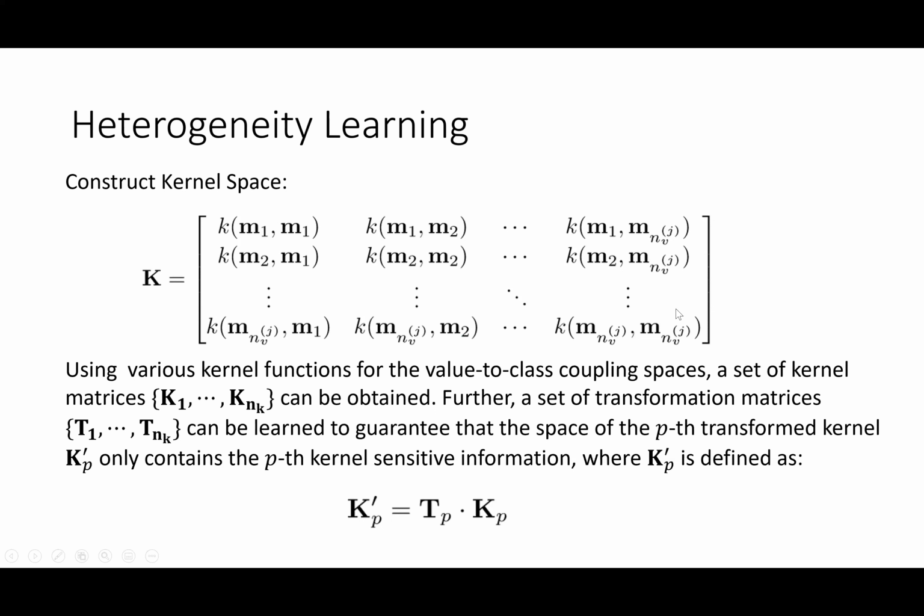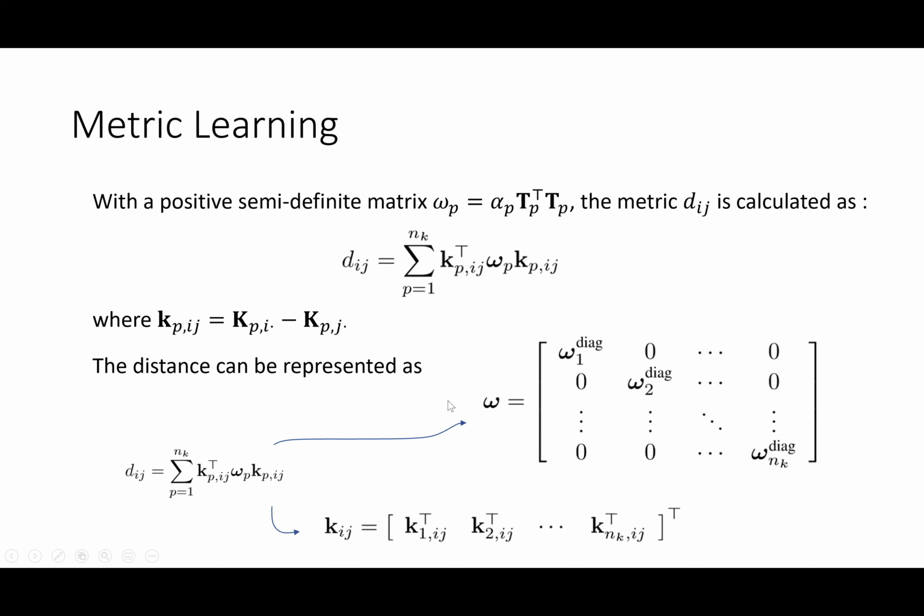So overall, because we have built the NVG relation matrix, we then measure the matrix relation in the kernel space. And in the kernel space, we can further convert it into another structure with the diagonal elements only.